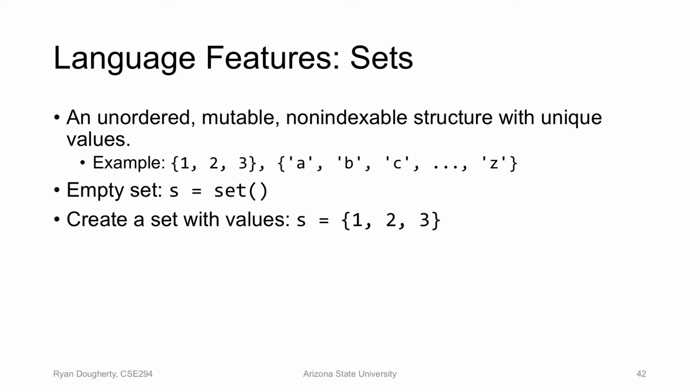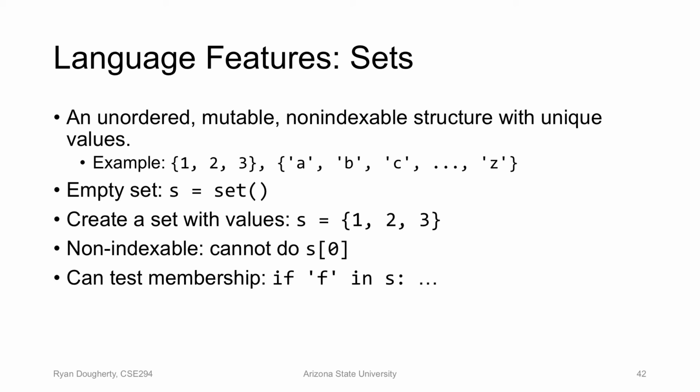You can create a set with values directly, just like you can do with a list, but that was with square brackets, and here it's with curly ones. Obviously, we can't index into it. So the only way we can actually test if an element is in the set is saying if value in set. So you can test membership. How do I test if something's not in the set?